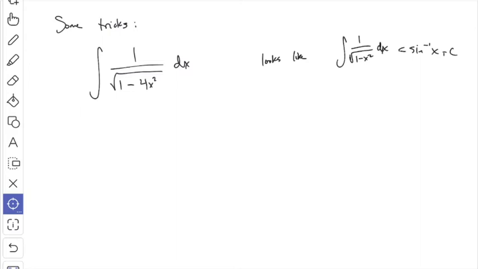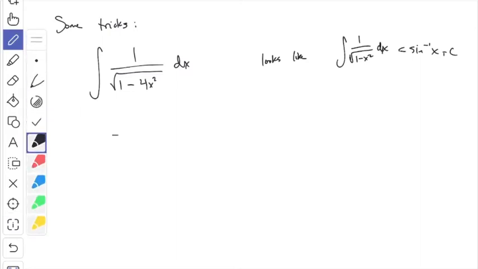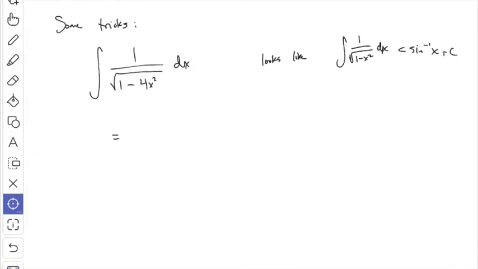This is not terribly obvious, but you could try to, say, maybe multiply everything by 1/4 to cancel that 4 out. The problem with that is it will mess up the 1 and turn it into a 1/4, and that's even worse for using this formula over here.